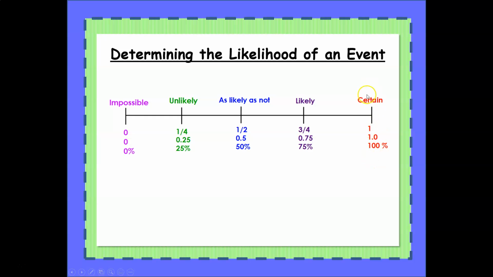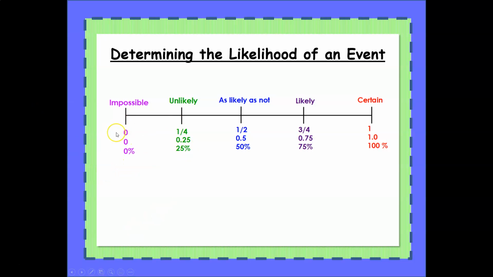The probability is it is going to happen. So really our two main things that you know for sure is impossible or certain. Then you have your likely to occur, around 75% or above, as likely as not, around 50% probability, and unlikely to occur is around 25% or below.